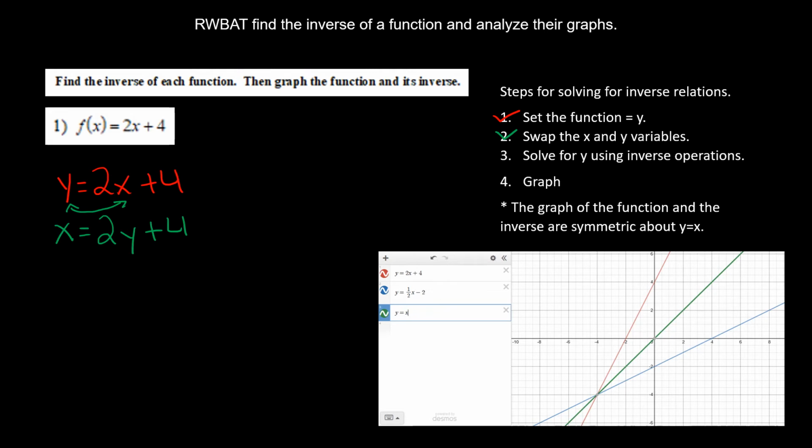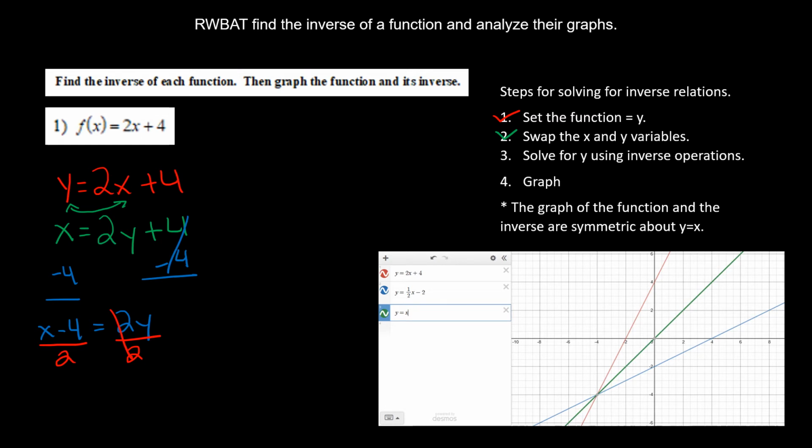Now we actually want to solve for y. We want to isolate this using inverse operations. If I want to isolate y, I first need to subtract 4 from both sides. We'll get x minus 4 equals 2y. These simplify out. My next step is I'll divide both sides by 2.